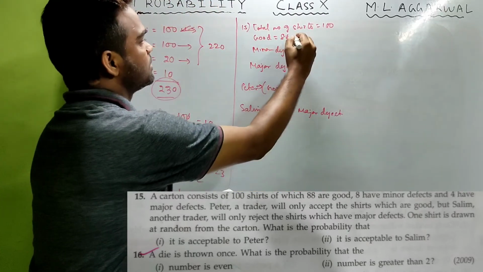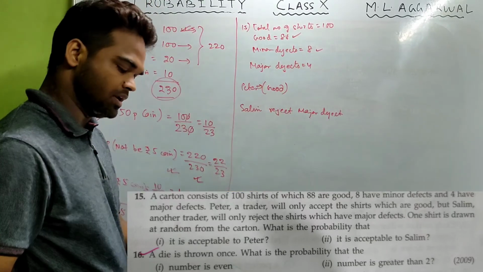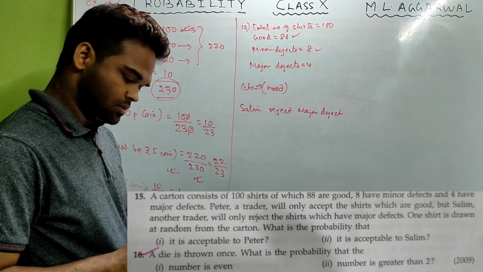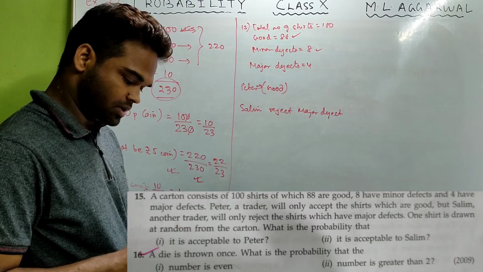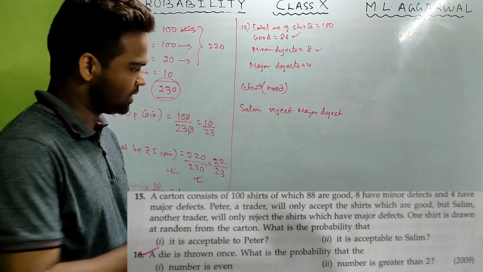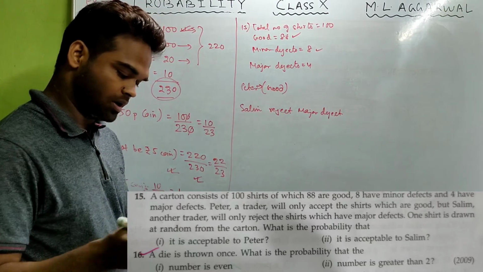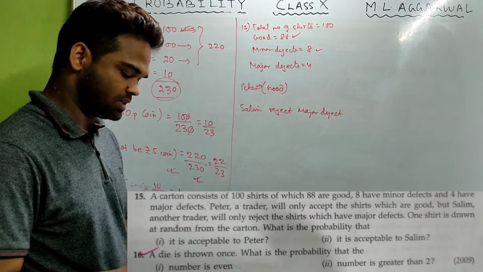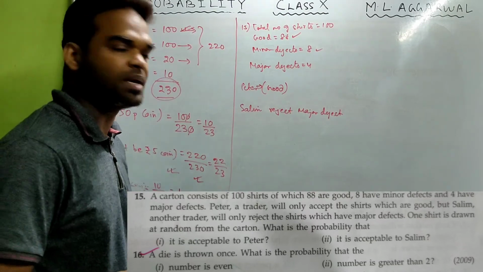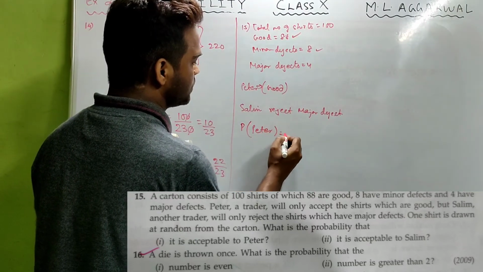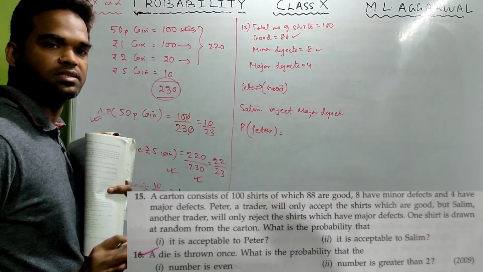So he'll take the good ones as well as the minor ones. One shirt is drawn at random from the carton. What is the probability that it is acceptable to Peter? So what is the probability that you take out the shirt and Peter takes it?